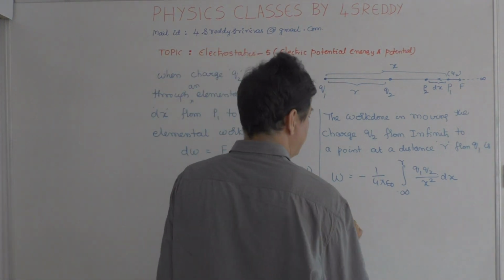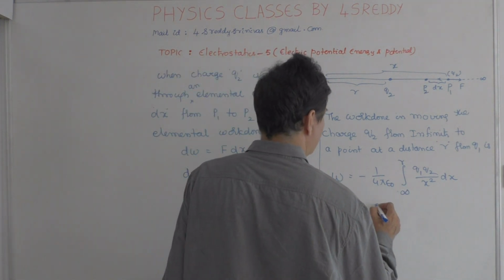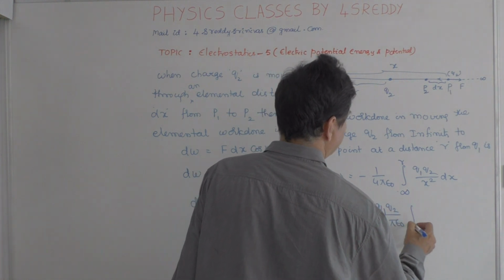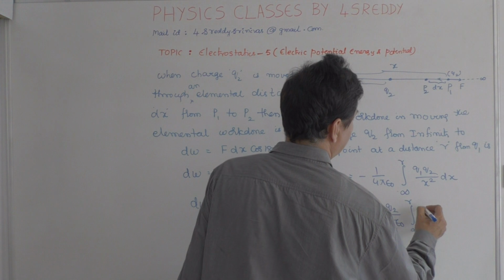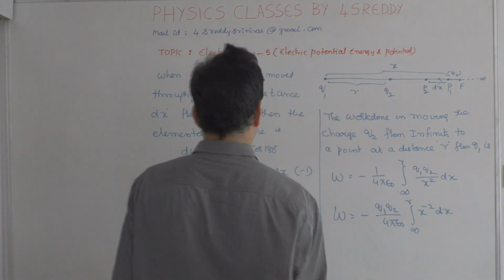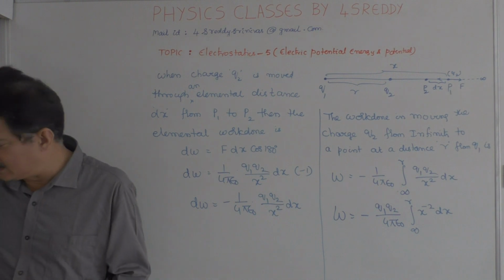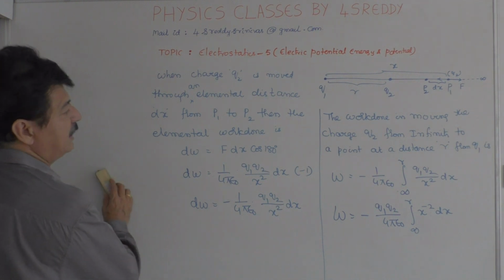But this can be written as W equals minus Q1 Q2 by 4 pi epsilon naught, integral from infinity to R of x power minus 2 dx. This is the work done we got here.